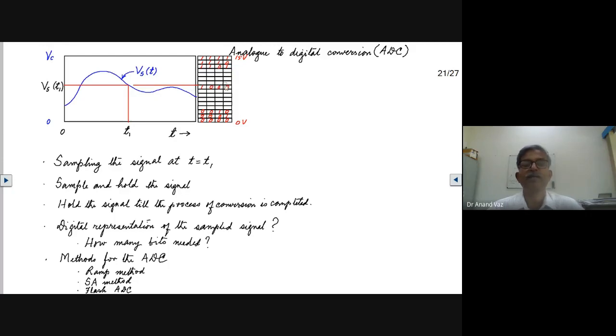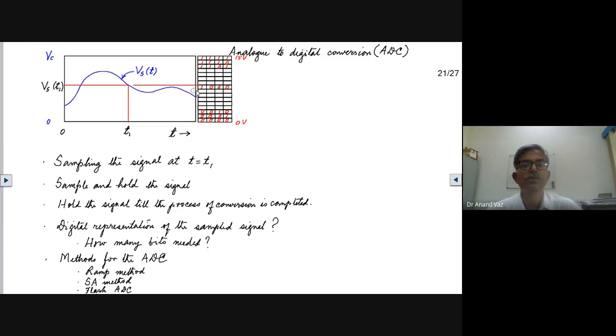We could have had any number. Incidentally, this is 8. We could have had 5, or so on. We have just arbitrarily chosen a particular time, and this is what it corresponds to. So the digital representation in the range from 0 to 15 volts is actually 1000.